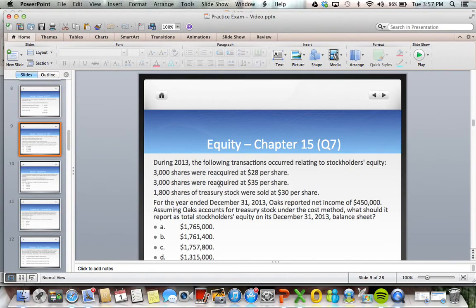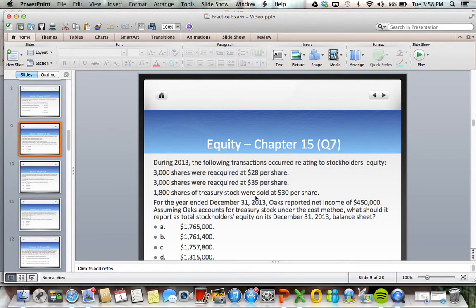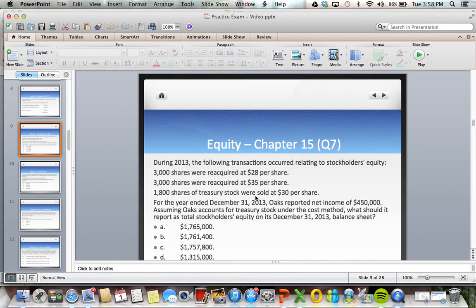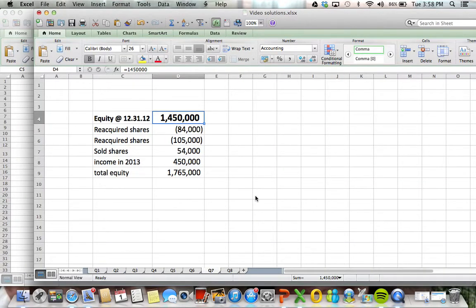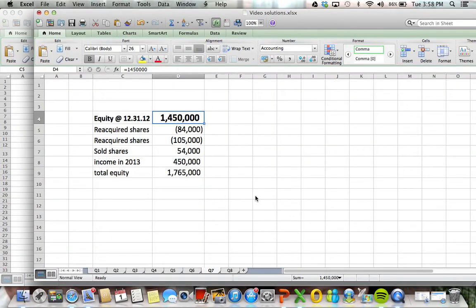Now with this activity of acquiring shares, that's something about treasury shares in general. When we acquire, we minus. So we acquired 3,000 shares, so we minus 84,000. We acquire another 3,000 shares, but at a different price, so we minus 105,000. Now when we sell treasury shares back into the market, we add $54,000 in because we got money.